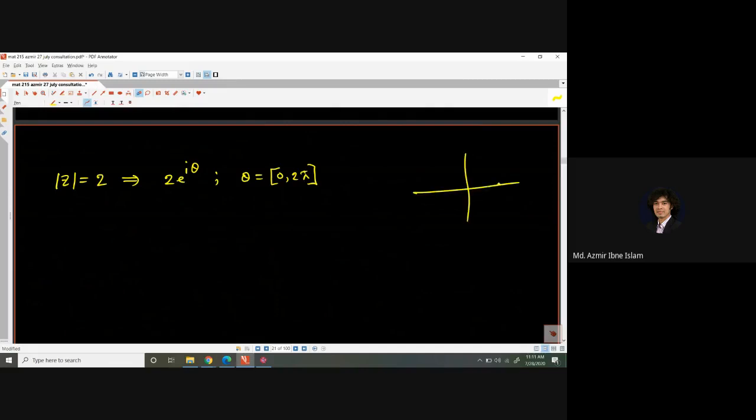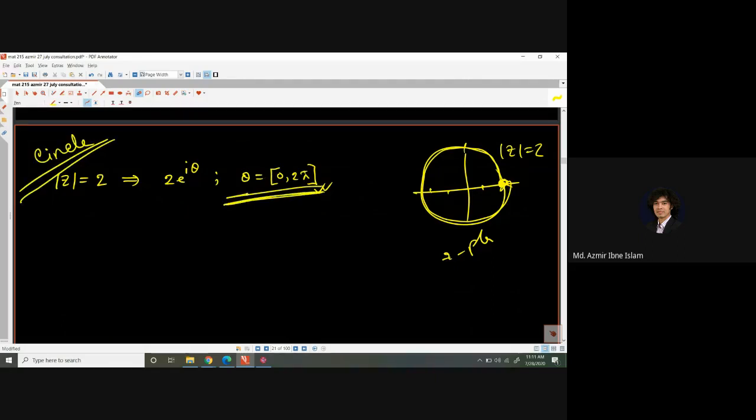Then only it is possible. You can see the radius is 2, so we can draw the graph at the same time. So this is modulus of z equal to 2, in the z plane. We start with 0 and end at 2 pi. That's the information for this circle.